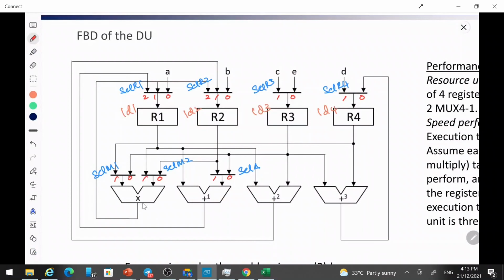So we want to do R1 plus R2. So here we need R2, and this is the multiplier. So R1 plus R2 is this one. R1, no problem.